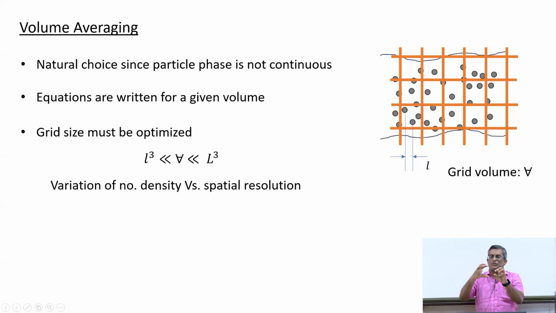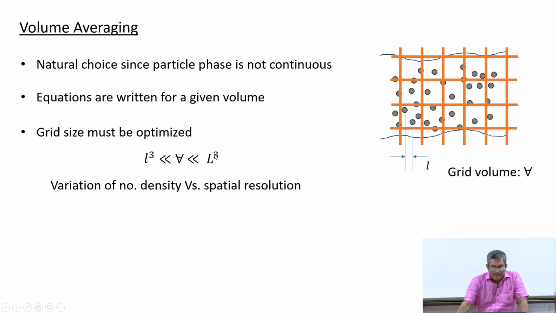So the grid size should be much larger than the effective volume around individual particles. But at the same time, it must also be less than the characteristic size of the flow. So what does this mean?